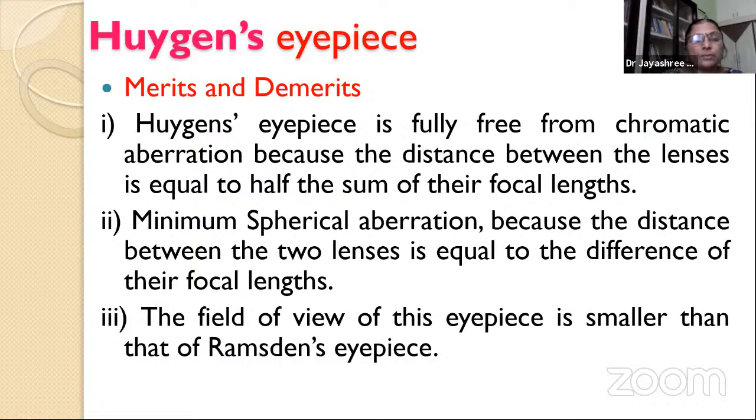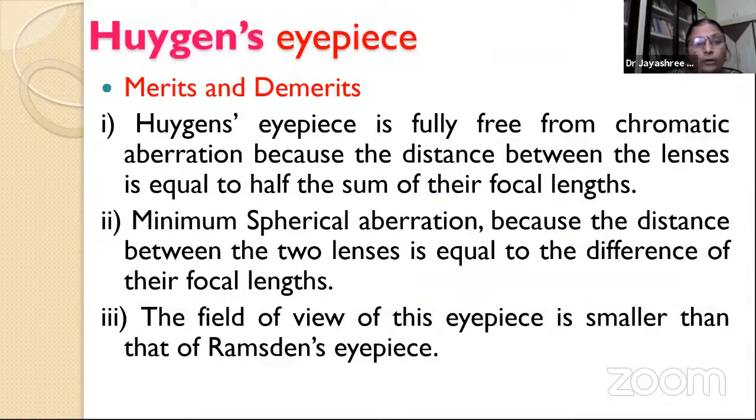So we derive the formula d = (f1 + f2)/2, where d is the distance between the lenses, and f1 and f2 are the focal lengths. So this is a very brief theory. As per your syllabus, these are the merits and demerits I have to give you.